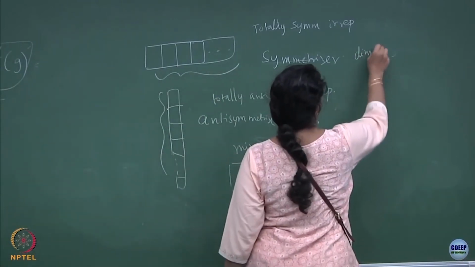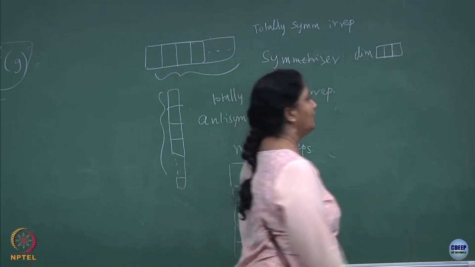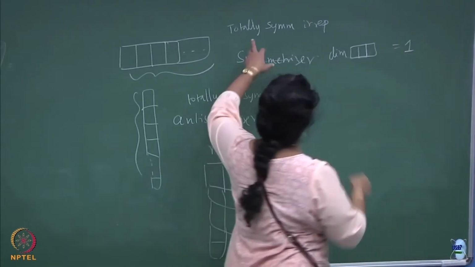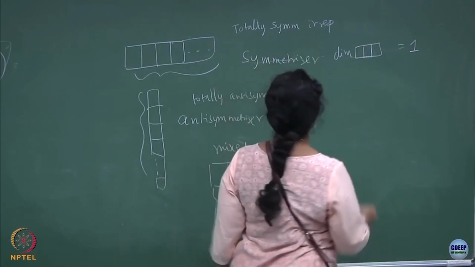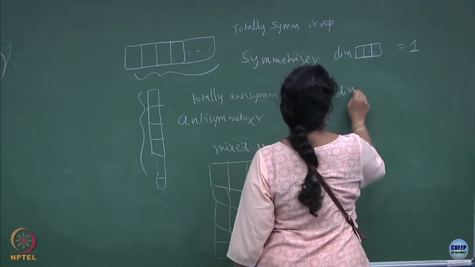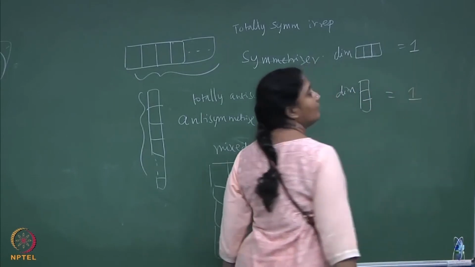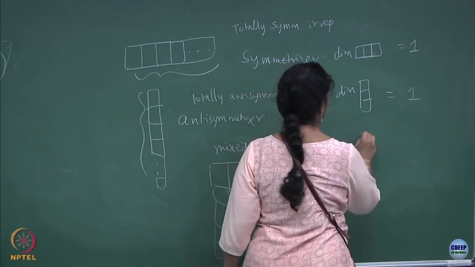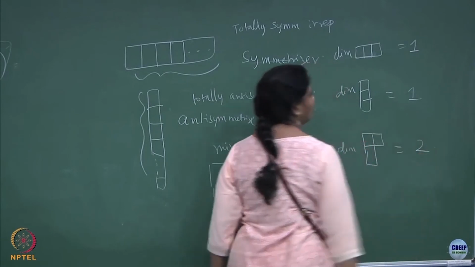And this is some mixed irreps. Dimension of 3 box is 1, which means that irrep is a 1 cross 1 representation. Then I said that dimension of this one is 1, dimension of this one is 2.